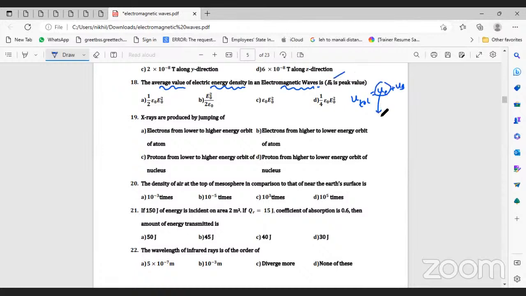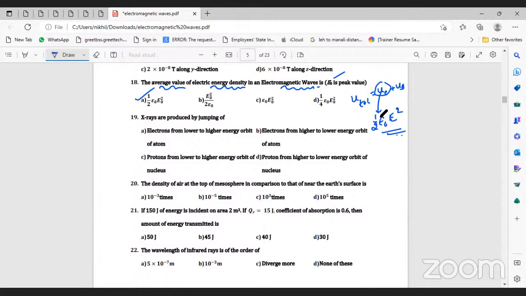What's the formula? Half times epsilon naught into E squared is the expression for the electric field, if it is the peak value you have to write.